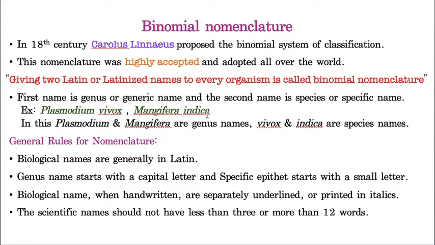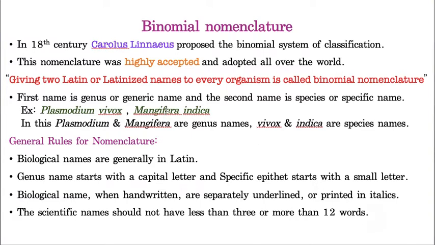But after listening to these examples, every student will get one doubt: what are these two names? This is a very important question. In the given examples, Plasmodium, that is the first name, and in the second example, the first name is Mangifera. So Plasmodium and Mangifera are both called genus names.